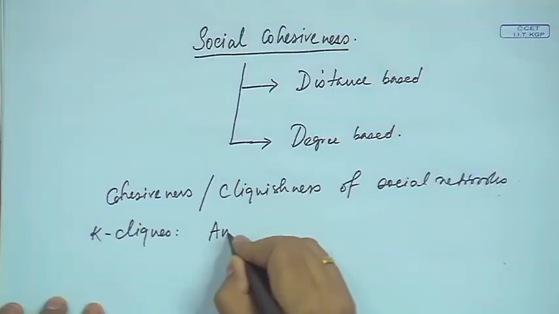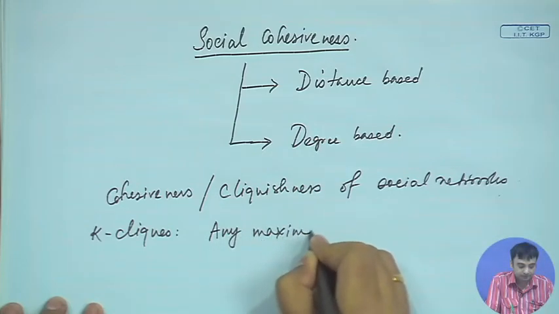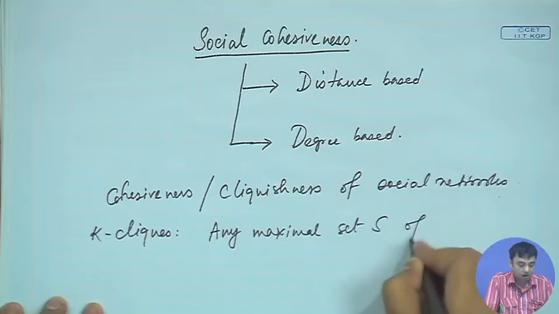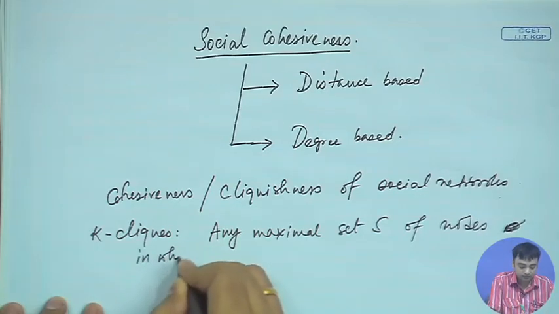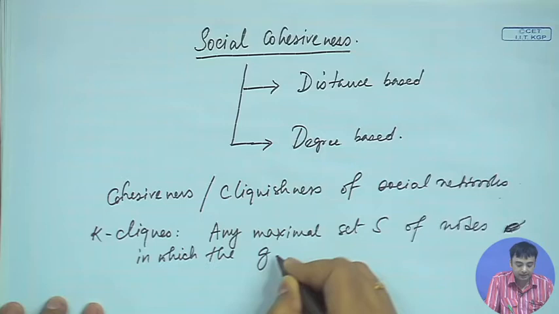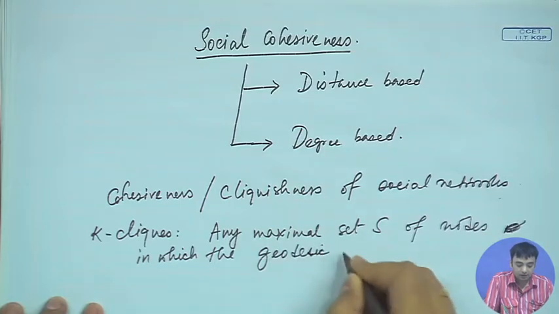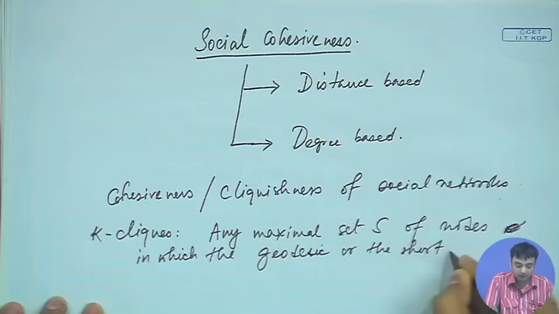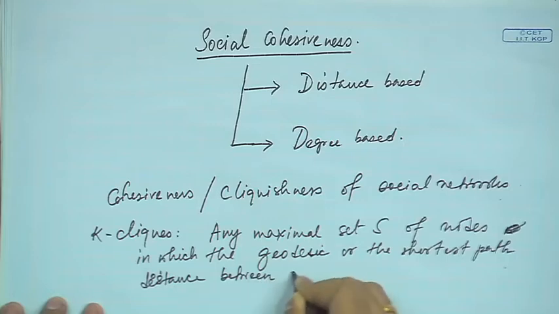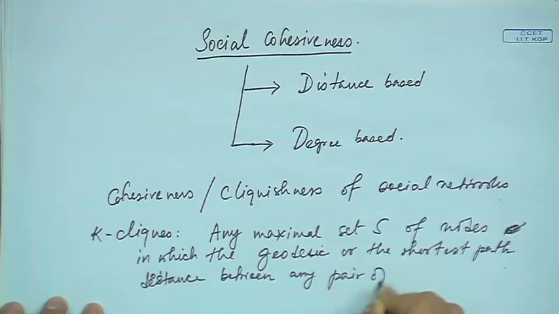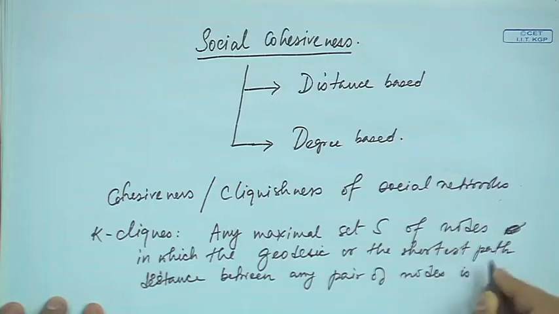The idea is, a K-clique is defined as follows: any maximal set S of nodes in which the geodesic, or the shortest path distance, between any pair of nodes is less than or equal to k.